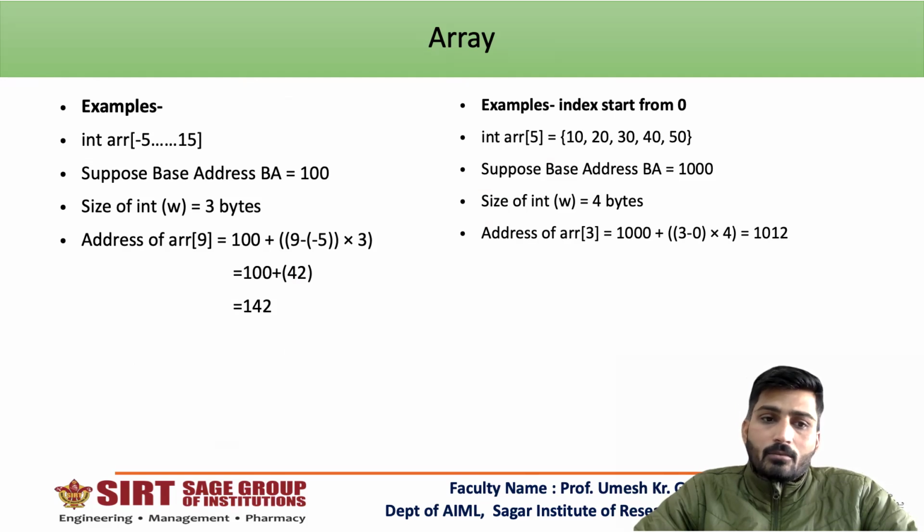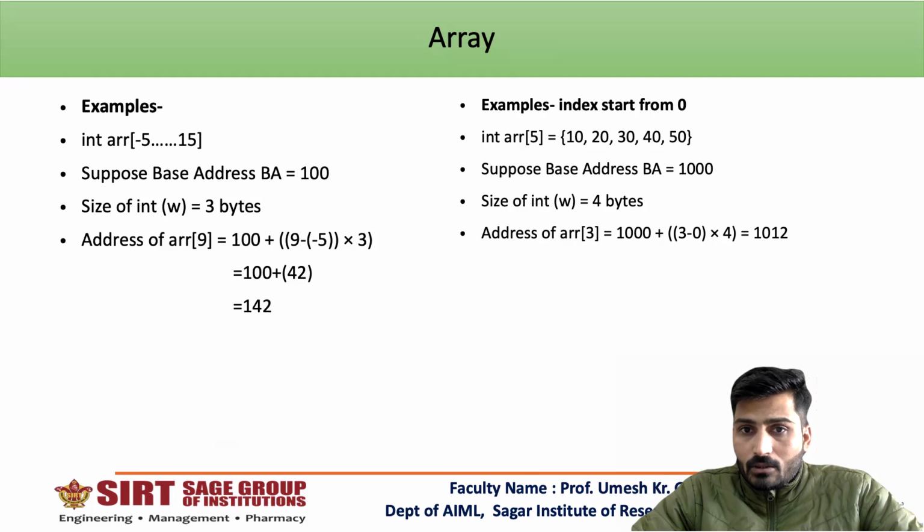In practice in C, an integer takes only 2 bytes, but in this given data the integer size is 3 bytes. So the address is base address 100 plus (I minus lower bound), where I is 9 and the lower bound is -5, so (9 minus (-5)) multiplied by 3, that is 142. This is the address of arr[9]. This is the beautiful property of an array: we can directly access the address of arr[9] without going through a linear process.